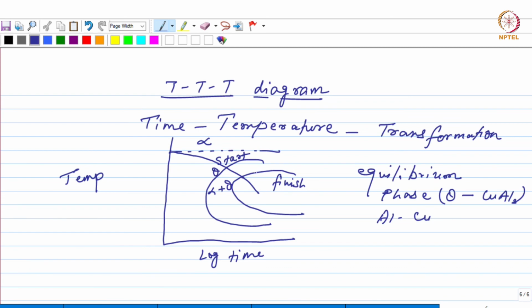And when you come to this finish curve, the transformation to the theta phase will be finished, will be completed. So if you have low cooling rates like this, then you will always end up with this equilibrium phase in coarse size.